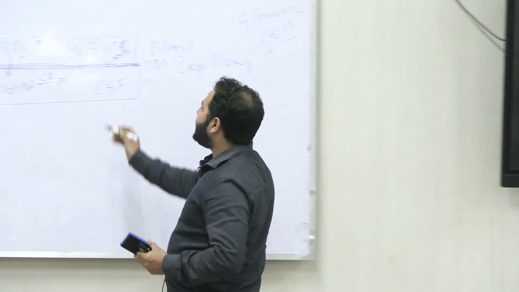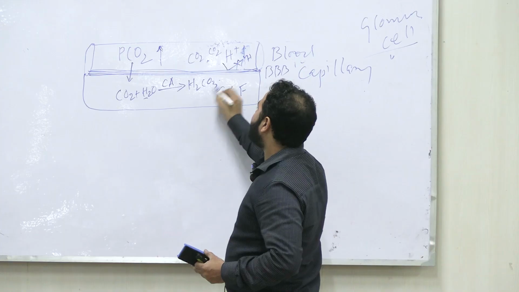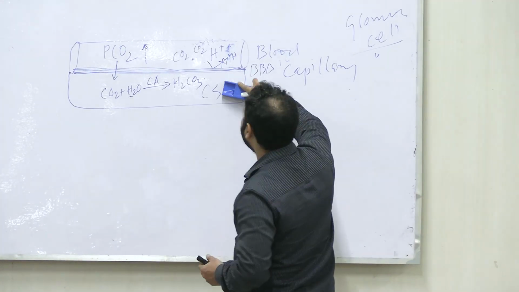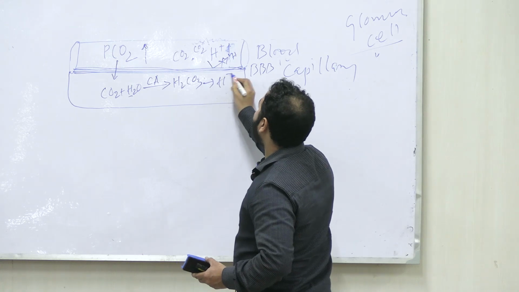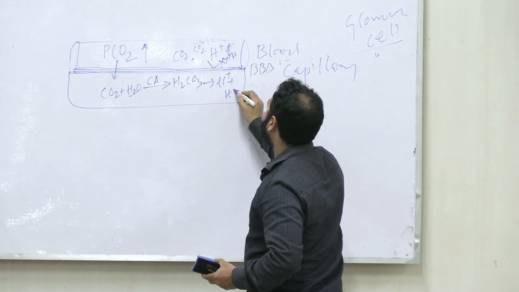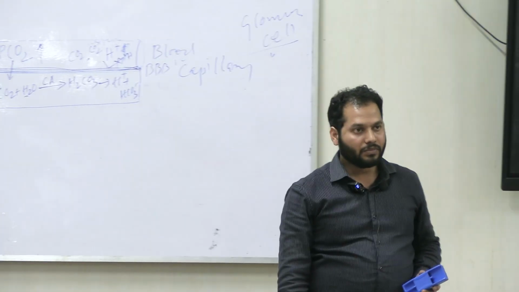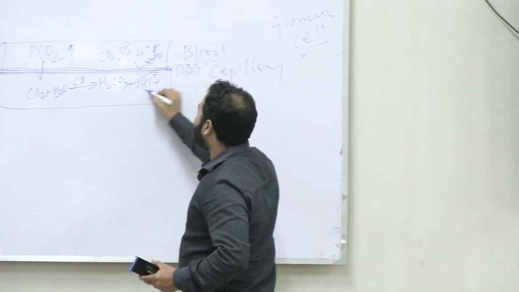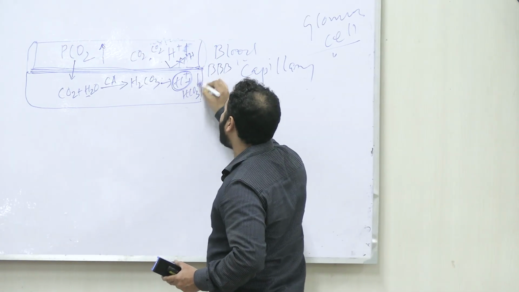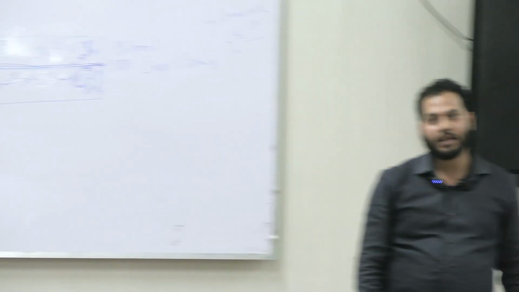After the reaction, it produces carbonic acid. Again, it breaks down into H plus and HCO3 minus. Now, in the CSF, the concentration of H plus ion is very high, right?